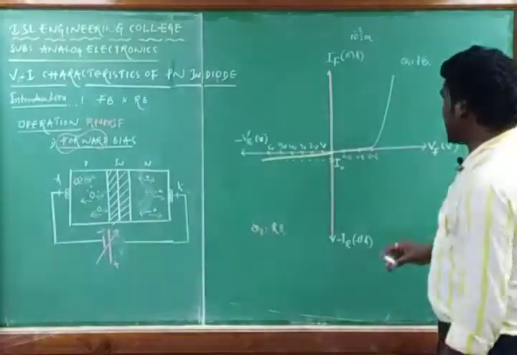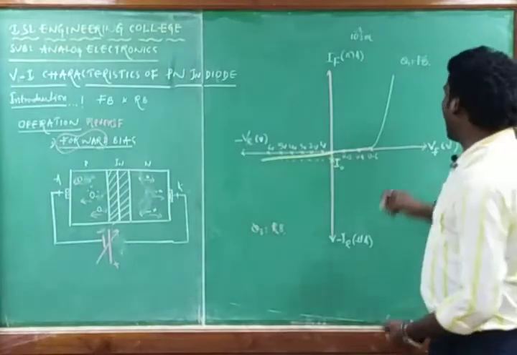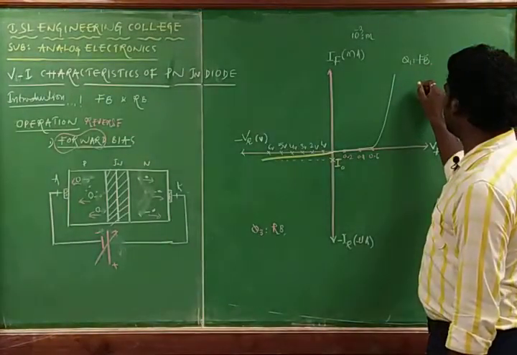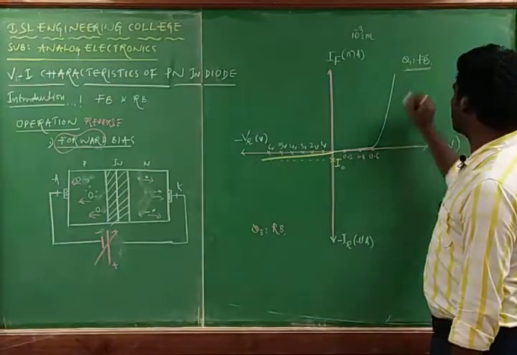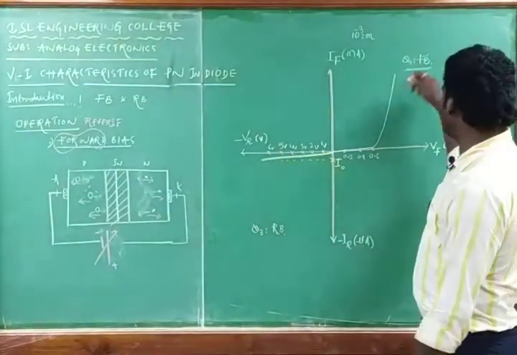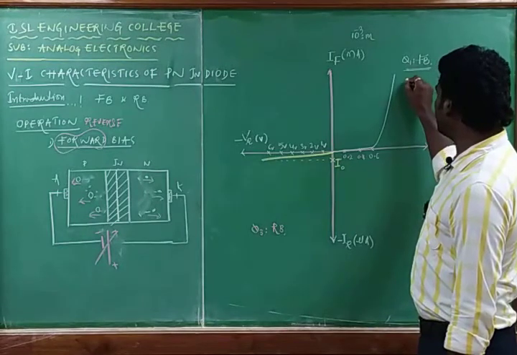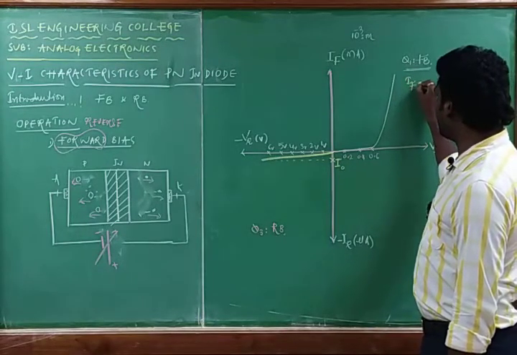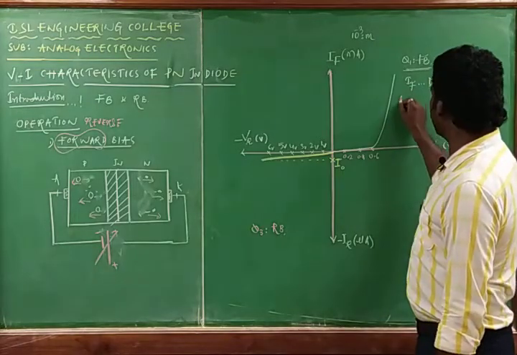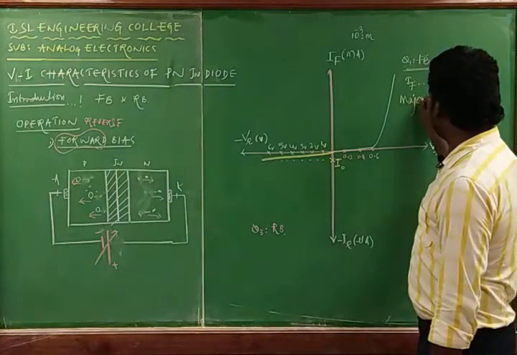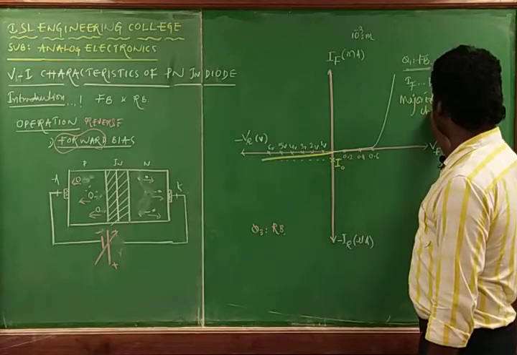In forward bias, the current conducted is more, and that current is due to the majority charge carriers. In forward bias, you must remember a very valid point: the current IF is due to majority charge carriers.